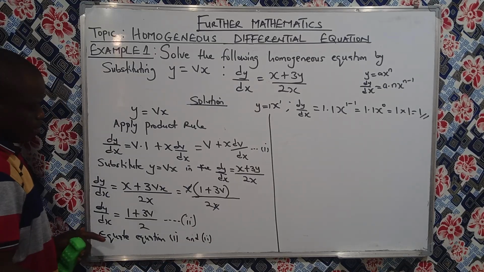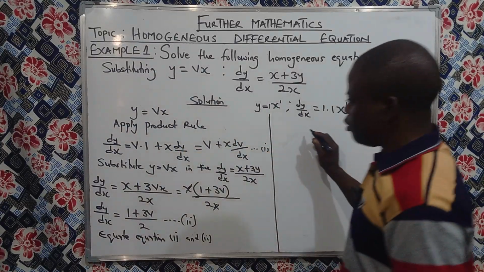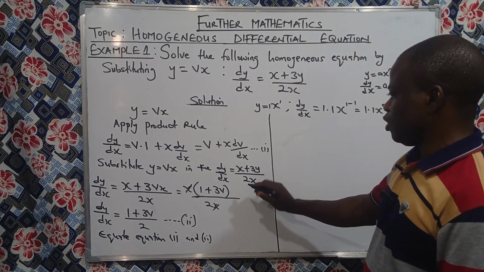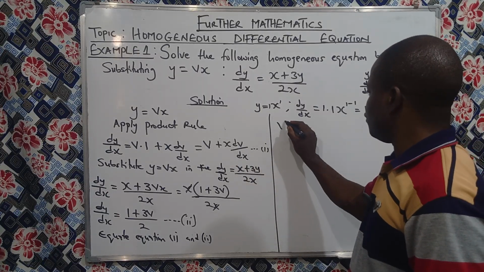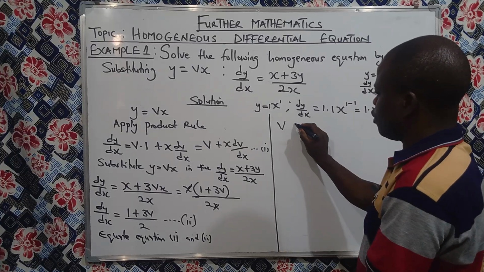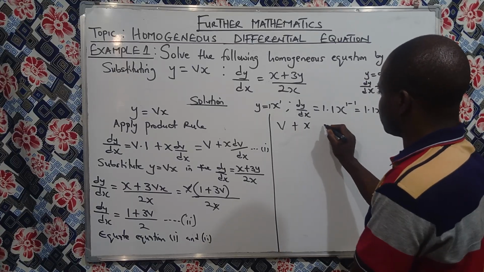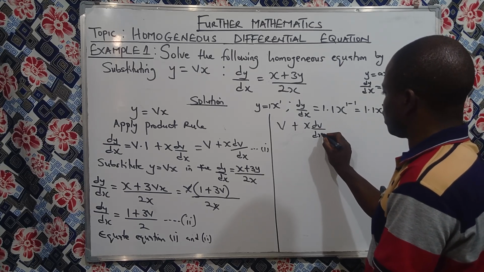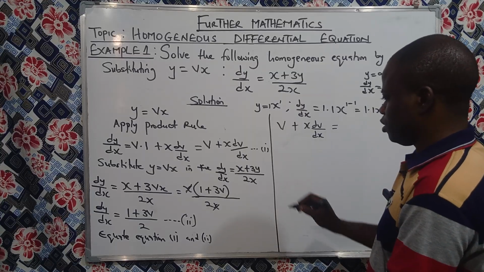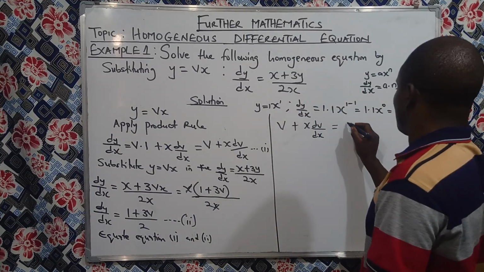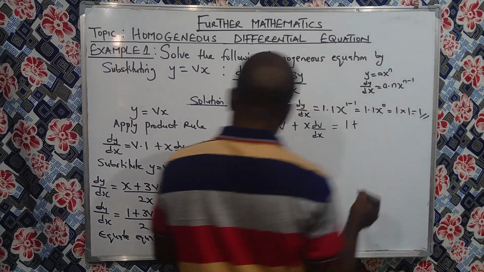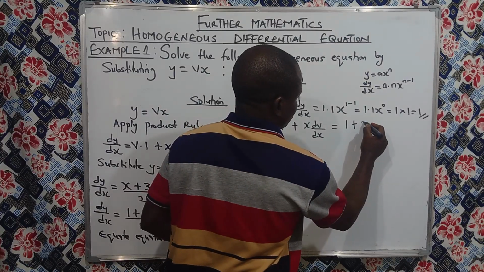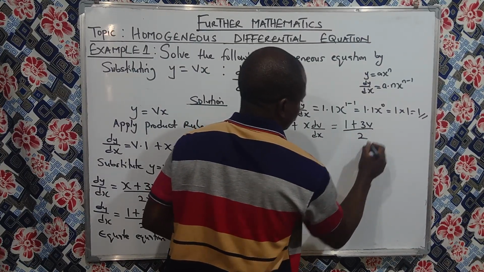The expression will now be in this form: the first one is v plus x dv over dx equals the second one, 1 plus 3v over 2.